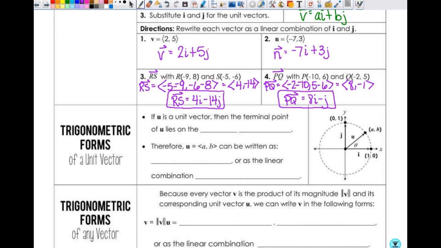Okay. So let's talk about the trigonometric forms. If u is a unit vector, then the terminal point of u lies on the thing we love so much, the unit circle.